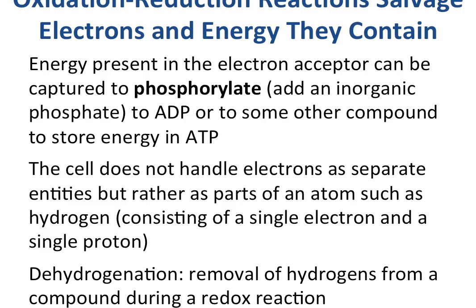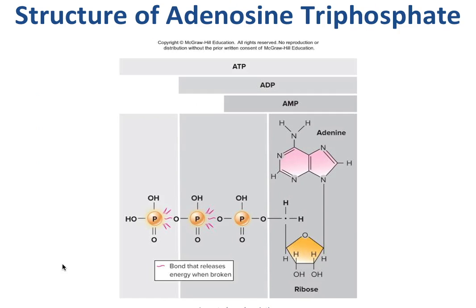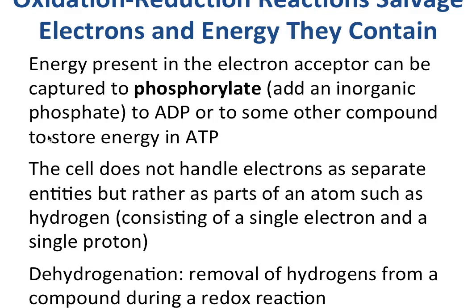For example, ADP: A means adenine, D means double, and P means phosphate. That means this molecule has two phosphates. It can accept another phosphate and form a chemical bond with the third phosphate, so it can store the energy in the third phosphate bond.